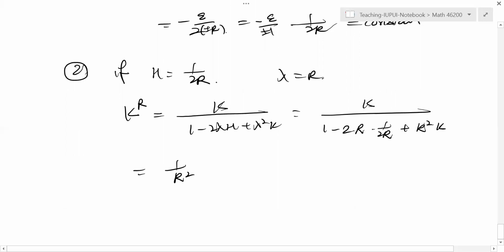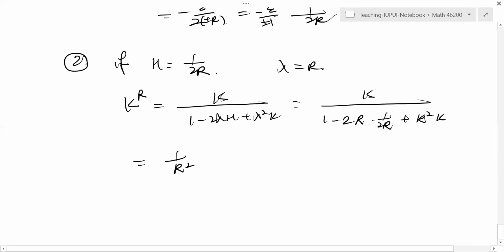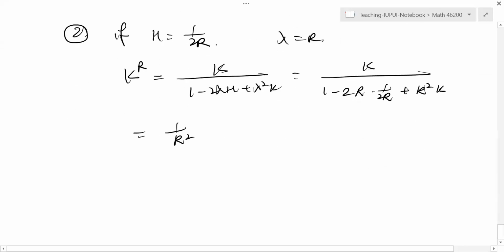All right, that's it. So you have a surface of constant Gauss curvature.